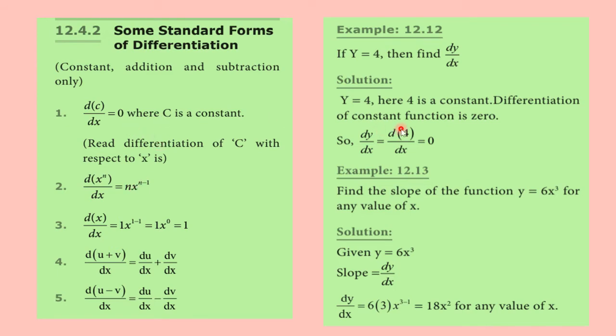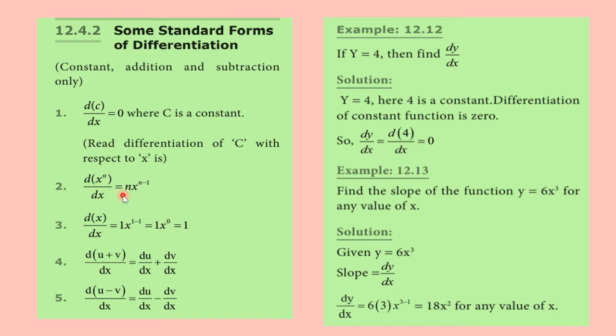It is 0. You should not forget this. The differentiation of any constant is 0. So how do we write this? Differentiation of 4 with respect to x is equal to 0.